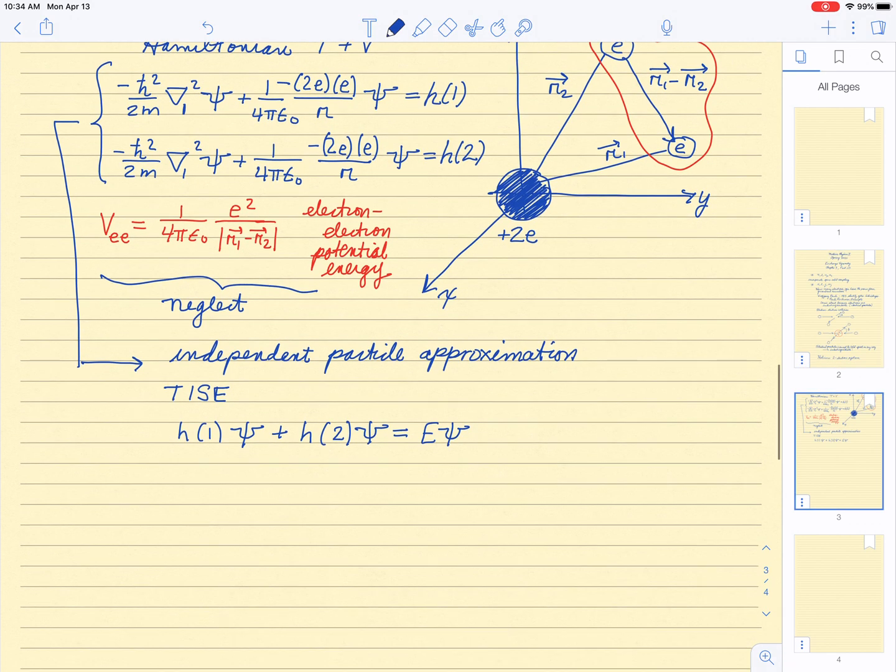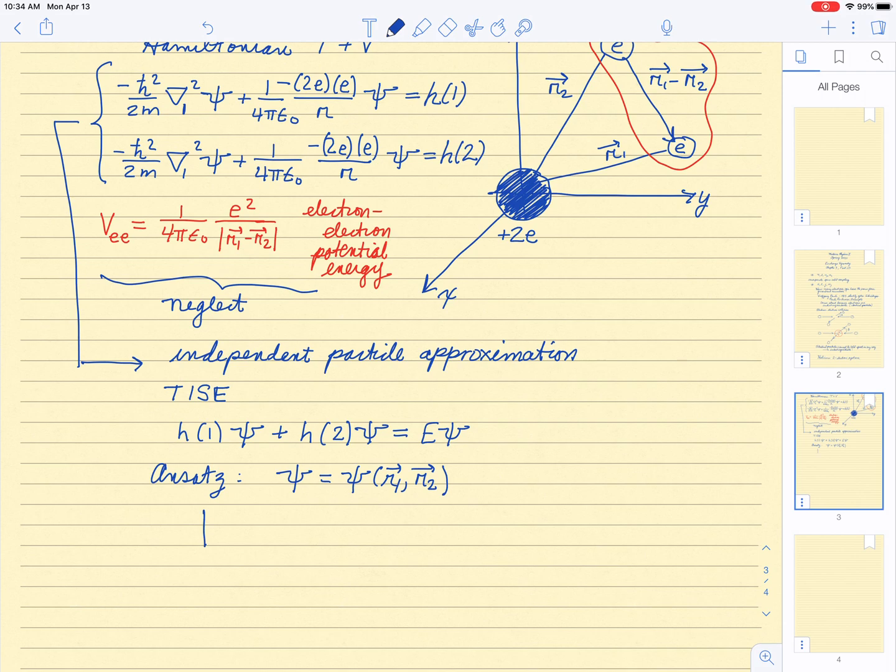So we need an ansatz for the solution for this, and the ansatz is that clearly psi is going to be some function of R1 and R2.